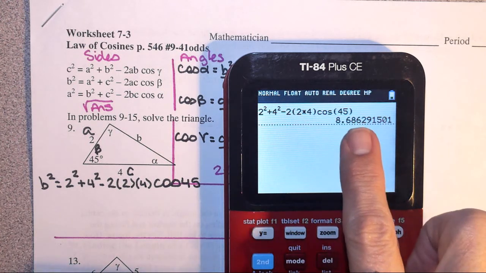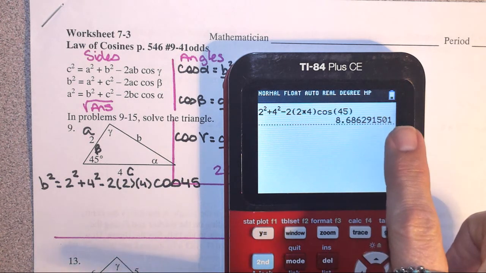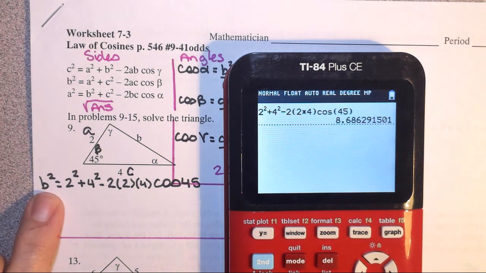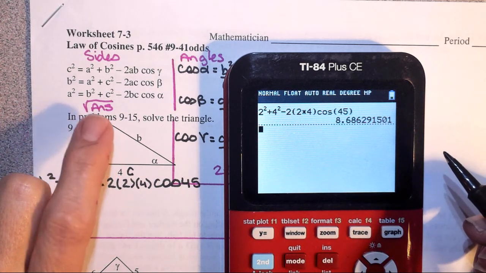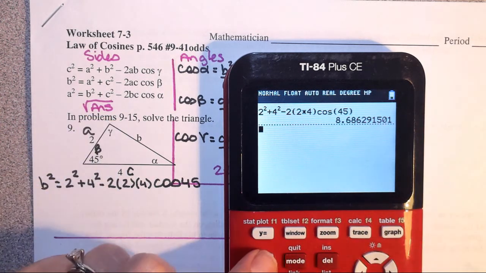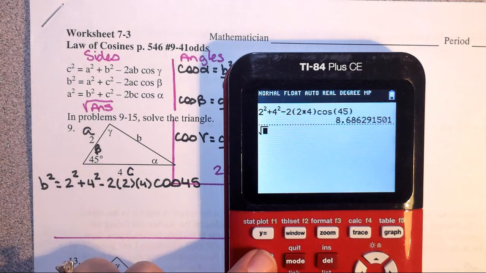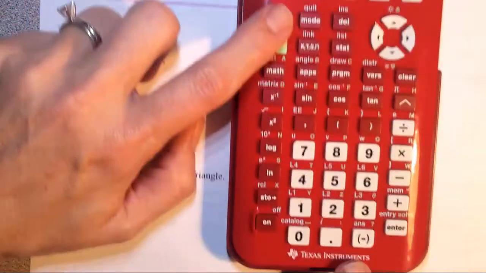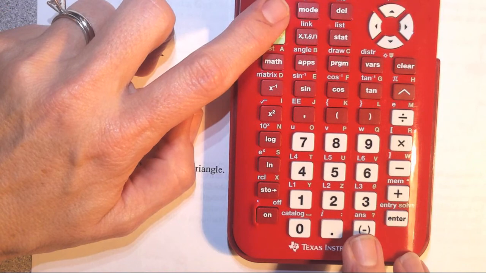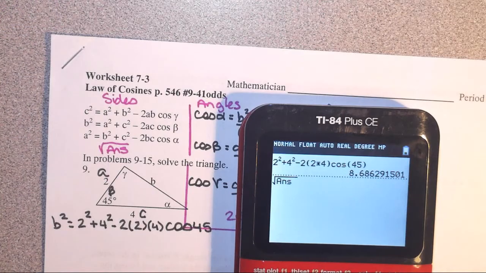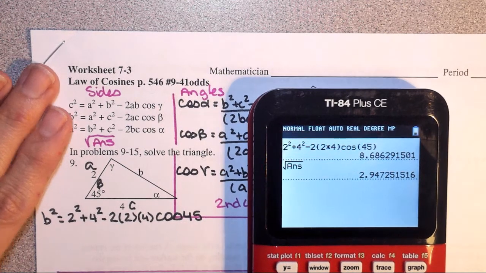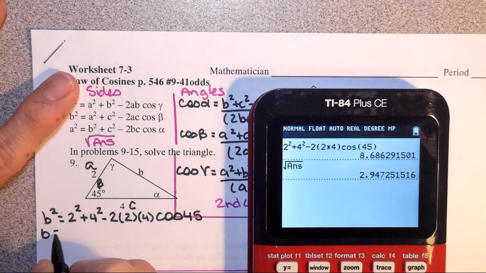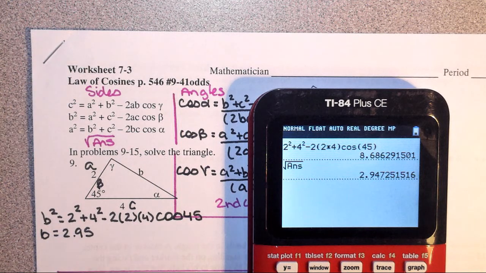Now remember, 8.686 blah blah is B squared, and I want B. So what I have to remember to do is take the square root of my answer. So square root of second answer. Remember, your answer button is down here at the bottom above the negative, so you do second negative, and then I hit enter, and I get 2.95. So B equals 2.95.